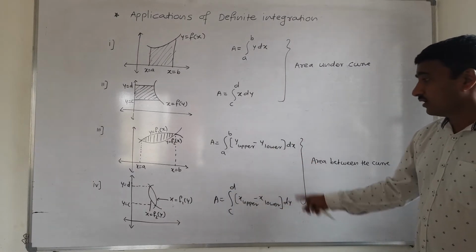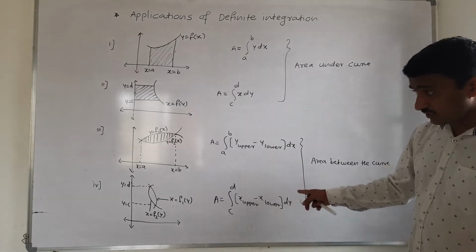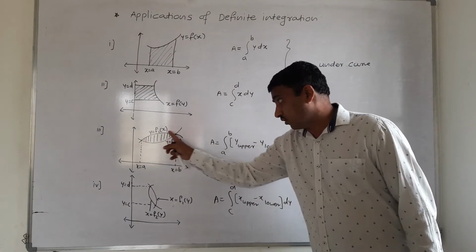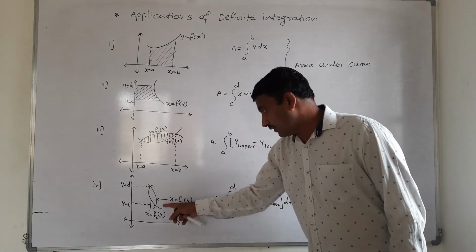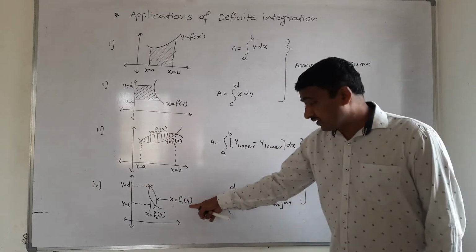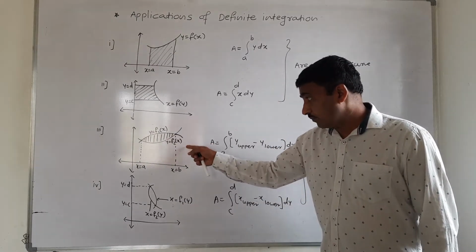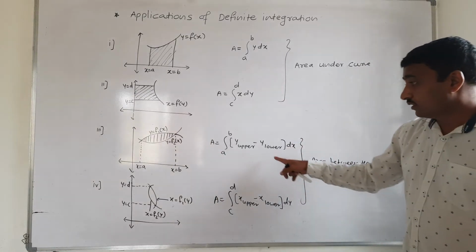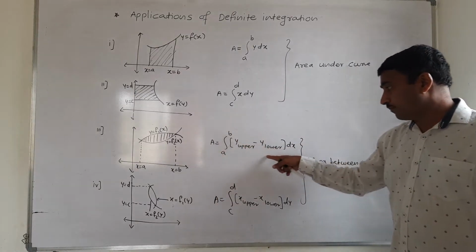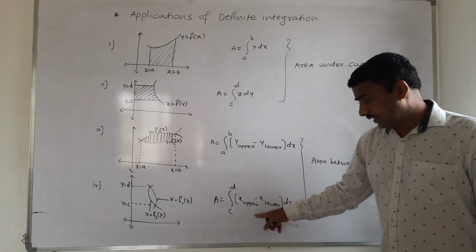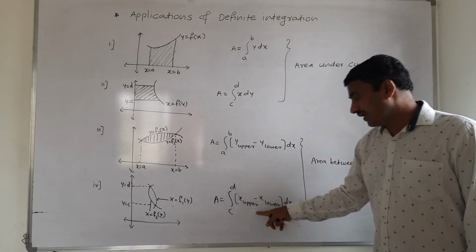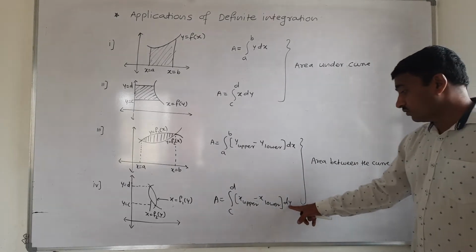These two are again the same. Here we want x coordinates, here we want y coordinates, and here we want x in terms of y. On this side we want y in terms of x. Then the formula becomes integral a to b of (y upper minus y lower) dx.